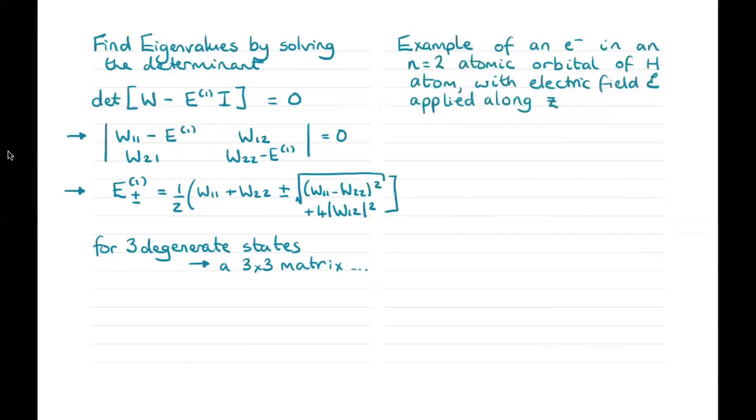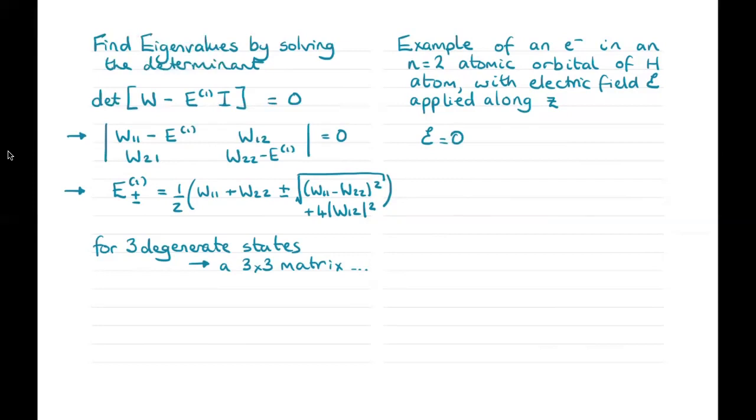Let's, before we do any mathematics, just think about what this would look like. I realize I have the wrong shape bracket over here. I'm going to fix it so it looks ugly. So when E is equal to 0, then we know that the energy of the n is equal to 2 atomic orbitals all have the same energy.